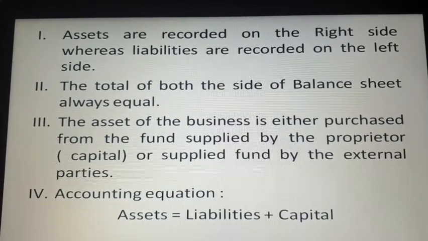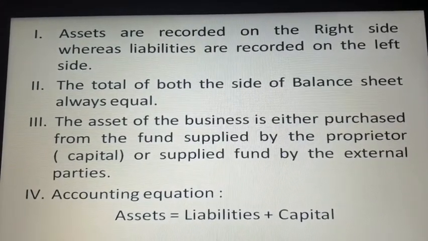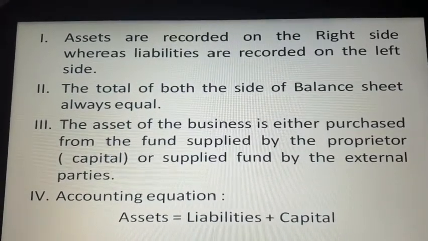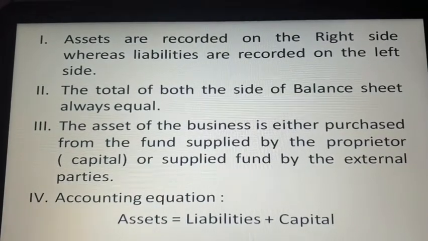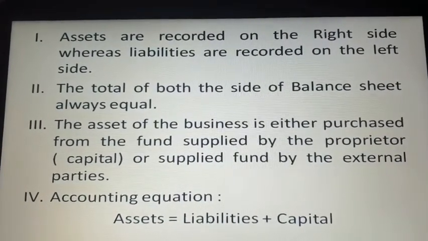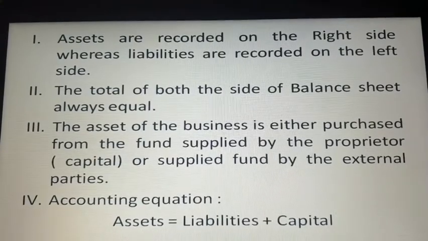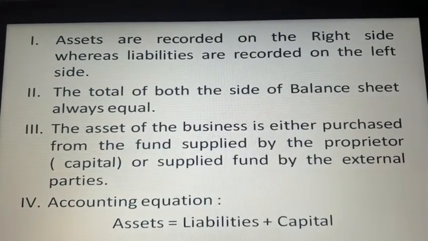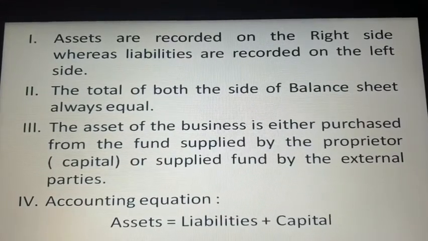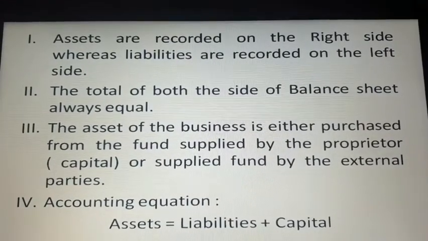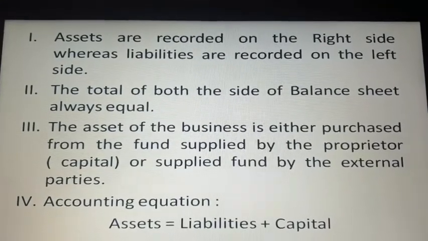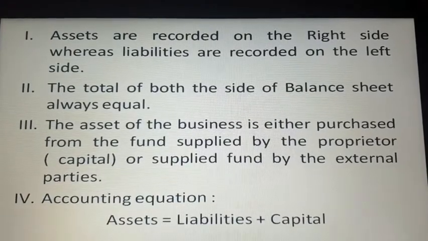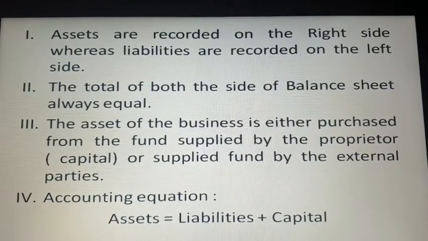So from the conclusion of the above balance sheet, it means that asset is always equal to liability plus capital. So we can say that our accounting equation on the basis of the balance sheet is asset equals liabilities plus capital. Liabilities means external liability and capital means internal liability, and both liability and capital are always equal to the total of assets.